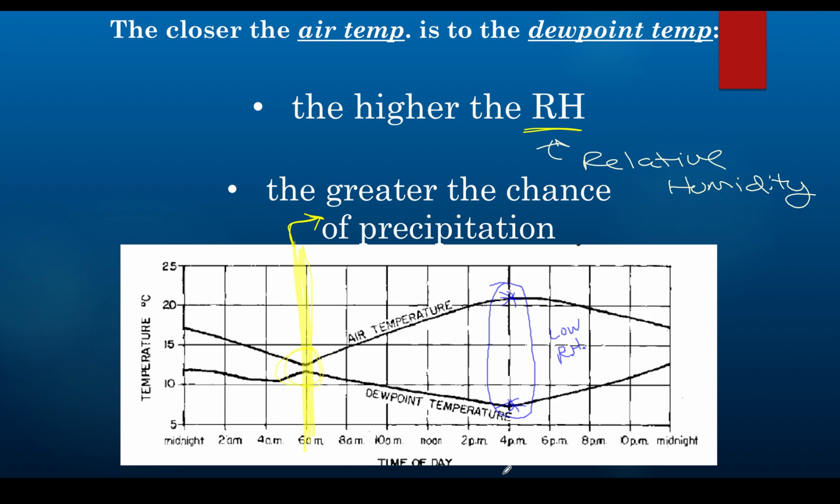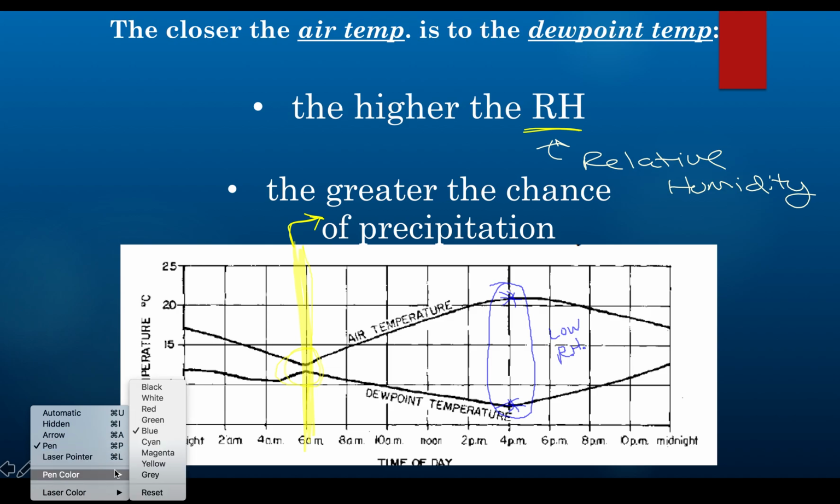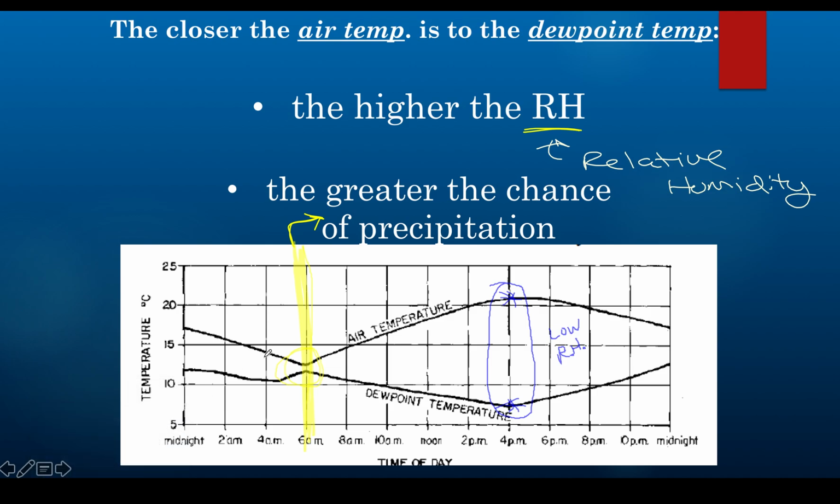Now, this trend tends to be what we see on a day-to-day basis, and that is because as the sun is out during the day, if we see here 6 a.m., this is about sunrise, and 6 p.m. is about sunset on average. So during the day, we're heating up, and we're warming because of the sun.